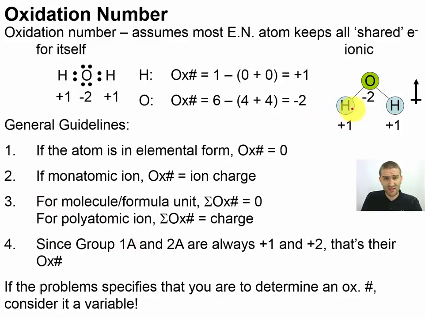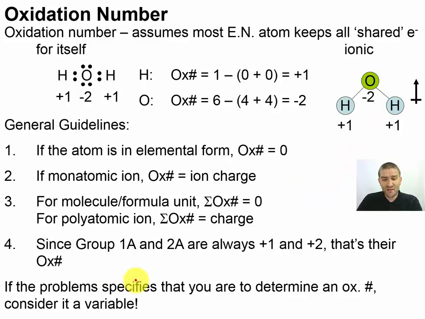Hydrogen is an exception in the sense that it can also be a -1. Remember when we learned our nomenclature, we said there can be H+, which is a proton, or the hydride ion, where it has picked up one electron and has a -1 charge. So there are a lot of rules you can use for oxidation number, and this one matches the exact same oxidation numbers we found using the Lewis structure method. All of these are self-consistent.